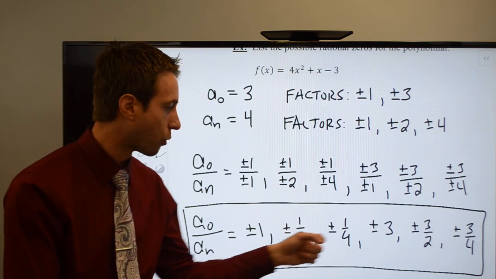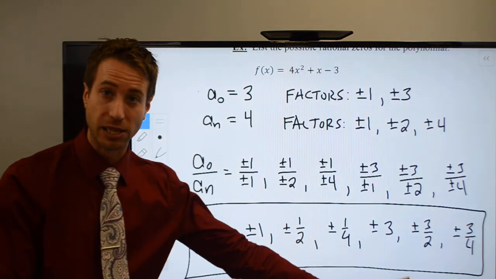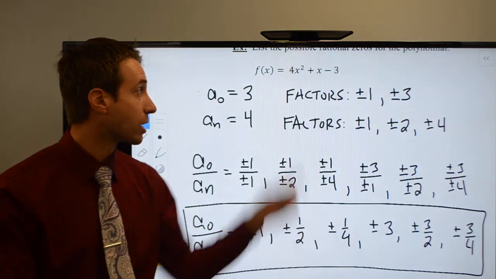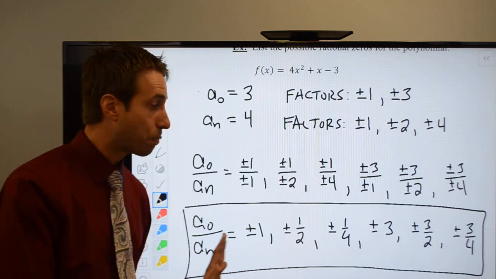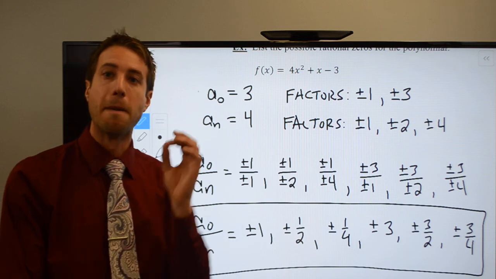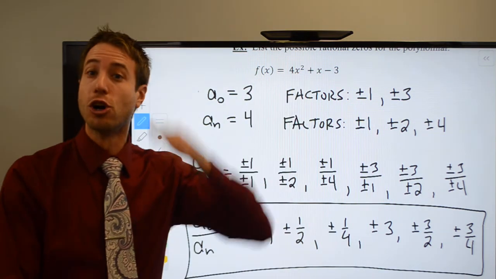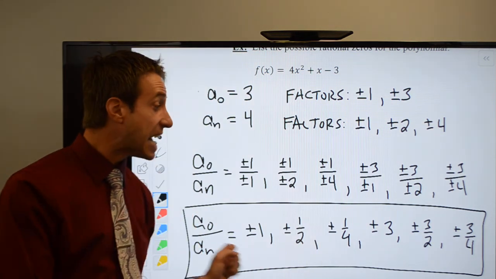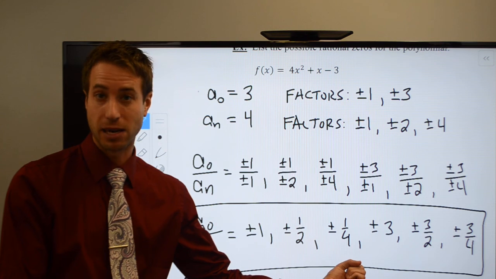There's 1, 2, 3, 4, 5, 6, 7, 8, 9, 10. I have 12 possibilities. I don't have 12 zeros. I only have 2. And they could be imaginary, right? So it's possible that none of these are actual zeros. But if I have a rational zero, if this polynomial crosses the x-axis, it's gonna be one of these guys.